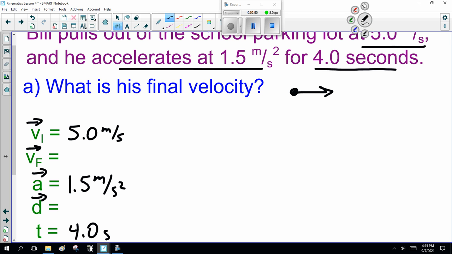Now, what is his final velocity? Well, what's the formula we need? Velocity final equals velocity initial plus at. It's the only formula we have. Well, it's not the only one, but it's the only one we've used so far.